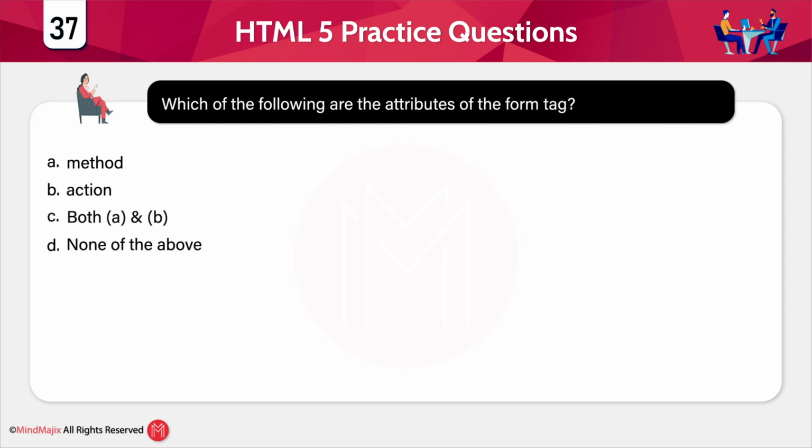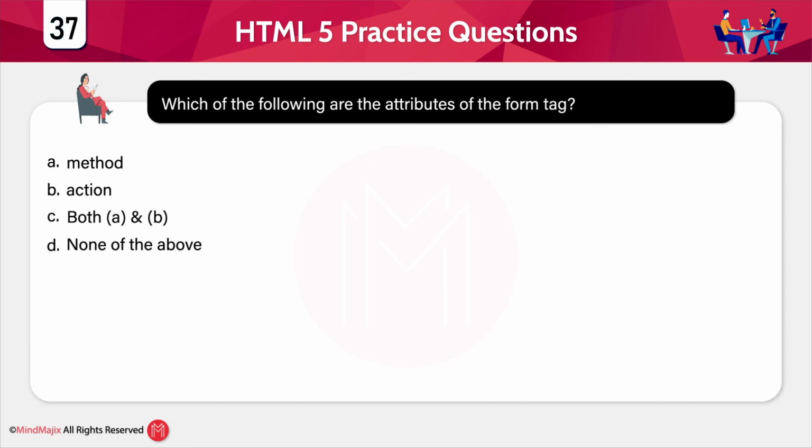Post is what? If you don't want to display the form data in the URL, if the data is sensitive and you don't want to display it in the URL of the web page, then we go for the post method. If the data is not so sensitive, if you are okay with the data being displayed in the URL of the web page, then we can go for the get method.